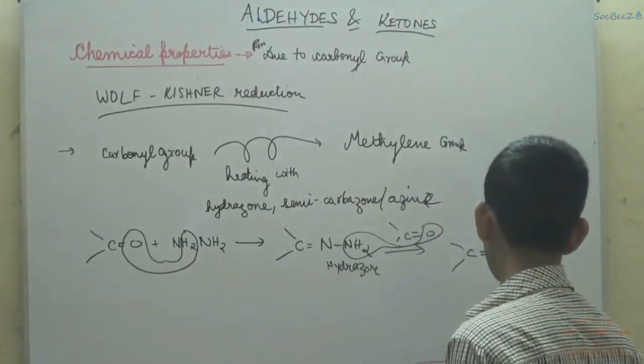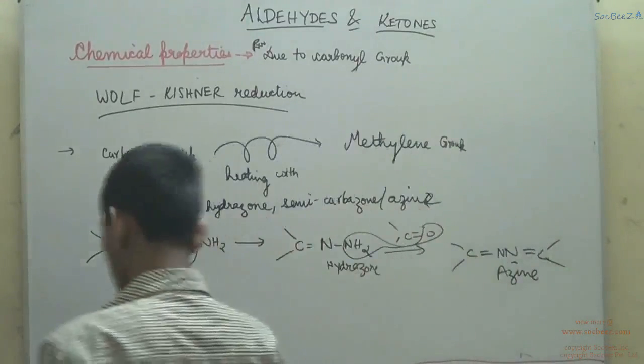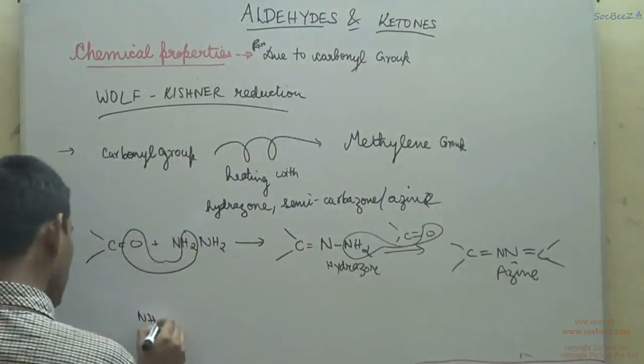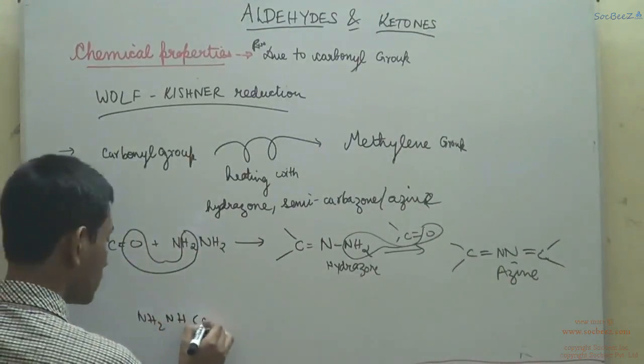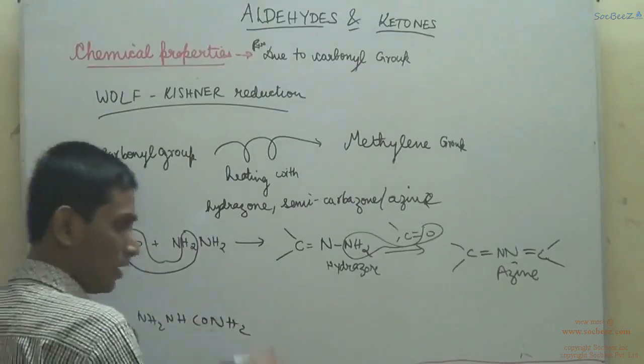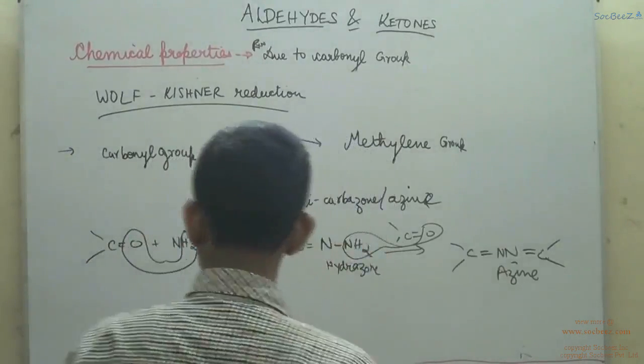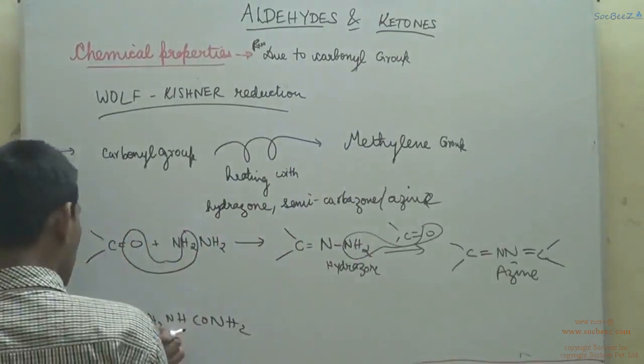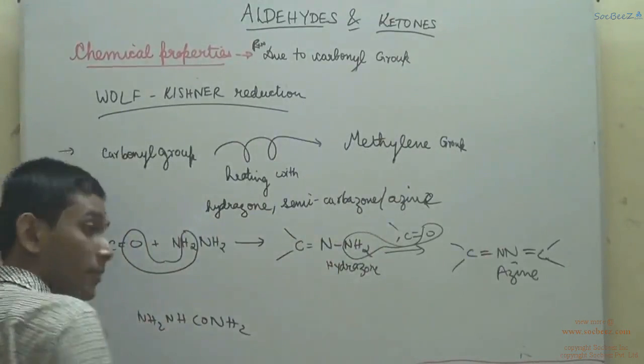This is your azine, and semicarbazide is NH2, NH, CO, NH2. What is NH2CO NH2? It is urea. So from urea you add one more NH2. So this is your semicarbazide.